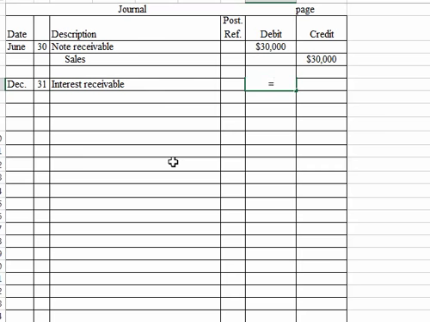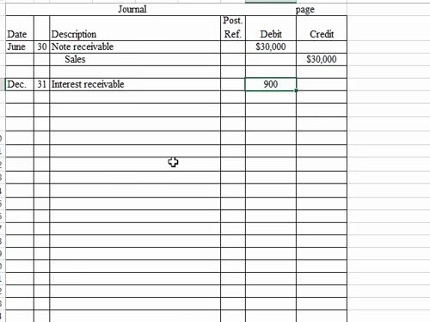Well, that's going to be equal to $30,000 times the rate, which was 6%. That's how much it would be for a year, times 6 months, 6 over 12, same as 0.5, right? 6/12 would be the same as 0.5.